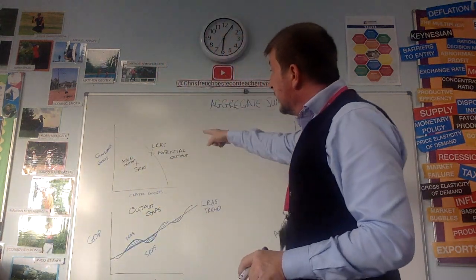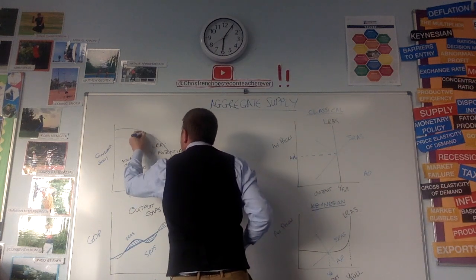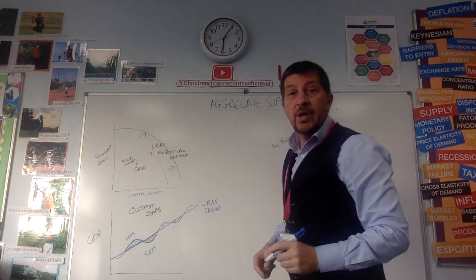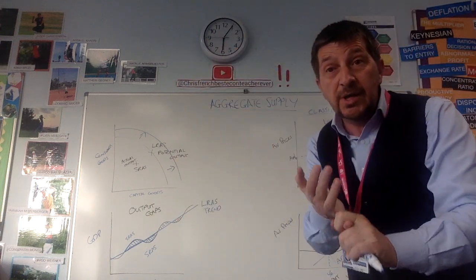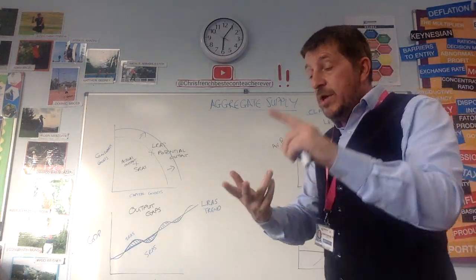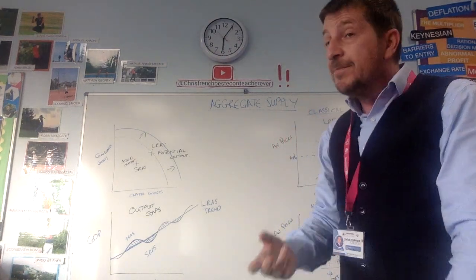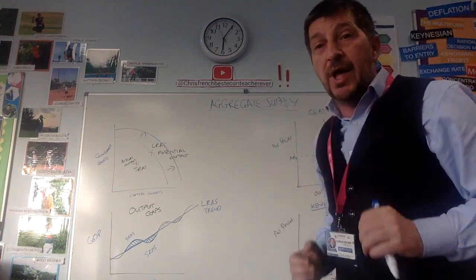This overall potential output, we can shift outwards. We can find a way to increase the potential of the economy. We can get immigration, we can get more people. We can find new sources of raw materials. We could increase productivity. We could do all sorts of things that are going to shift our overall potential outwards.